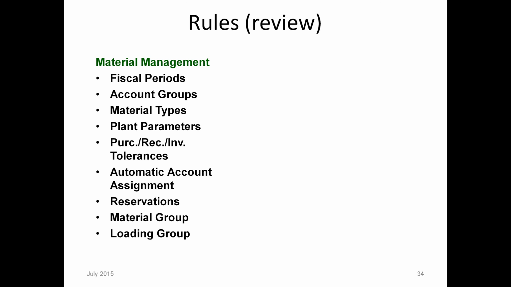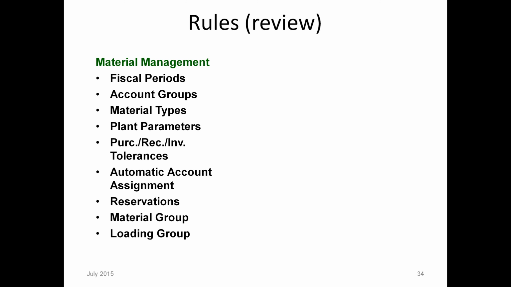So, for example, in materials management we have the fiscal period. Fiscal period is nothing but the year. Some people follow a fiscal year from March to March, and there are certain companies which follow January to December. Account groups are basically used in the vendor master to determine whether it is a one-time vendor, a goods recipient, or for purchase orders.